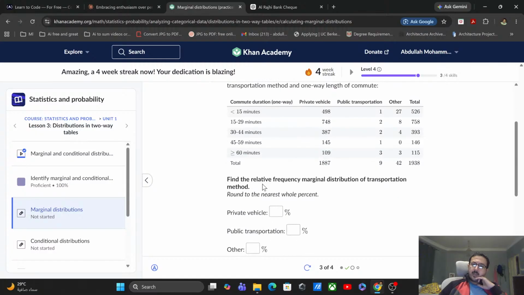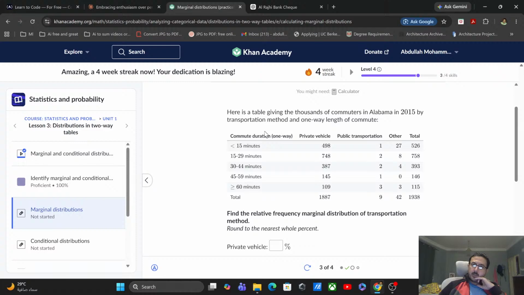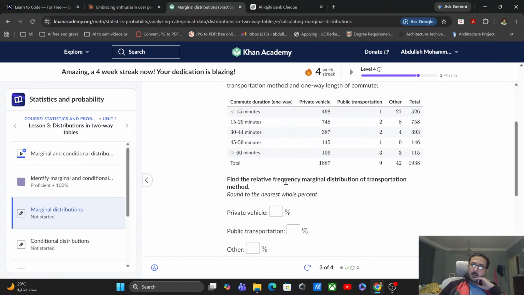Okay, find the relative frequency marginal distribution of transportation method. Transportation method? What do you mean? Do you mean this? More private vehicle.